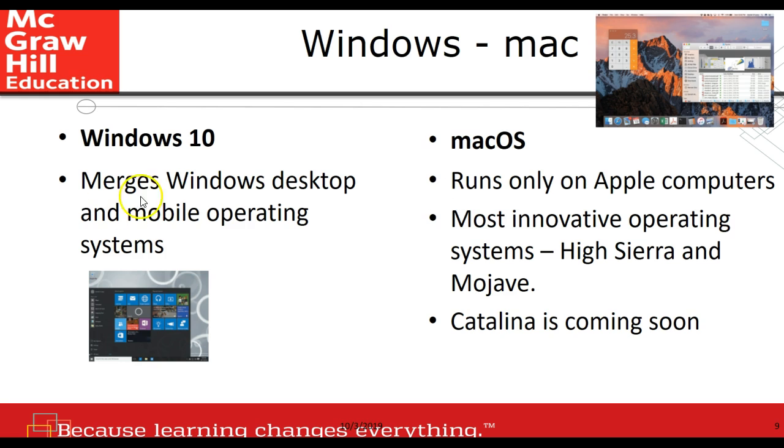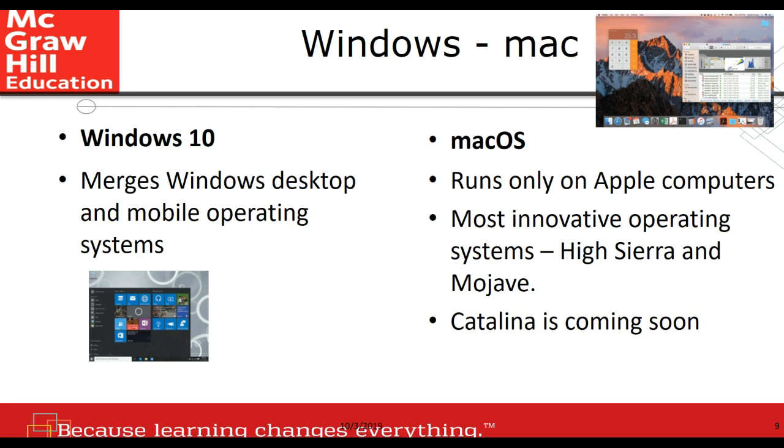Okay, let's talk about Windows, right? The latest one is Windows 10, okay? Before Windows 10 is Windows 8. Before Windows 8 is Windows 7, okay? Then you have a Mac, okay? Mac runs only on an Apple computer, and this is known also as the most innovative operating system.